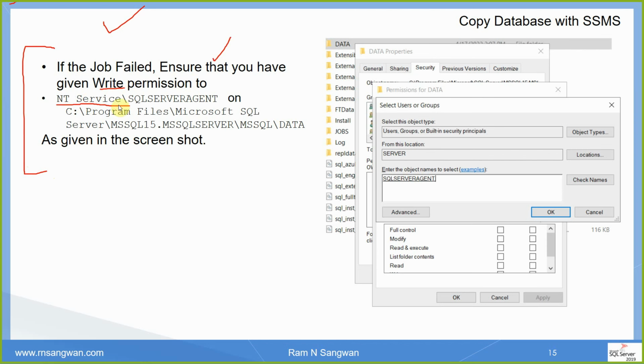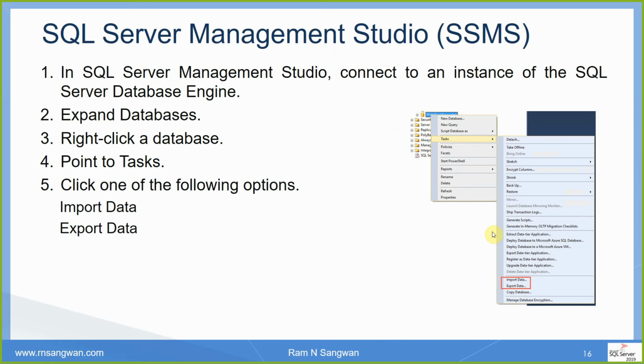So this user, NT service, this user should have permission on this folder. So go to that folder, right click on that, go to the security tab, under that type this entire name, click on check names. After you click on check names, the name will appear slightly differently, but that is how it is identified, and then give modify permission to this user. Only then you will be able to copy. And also remember, agent services must be running.